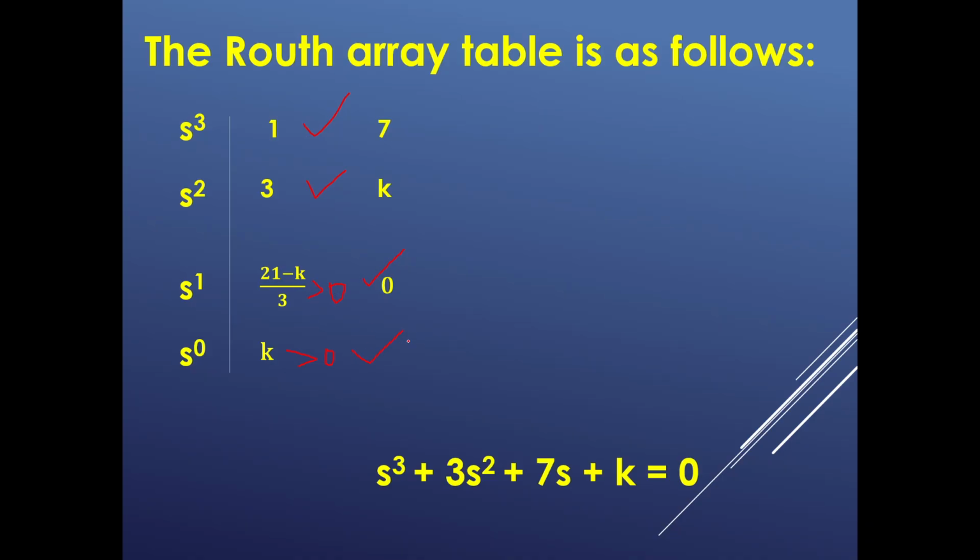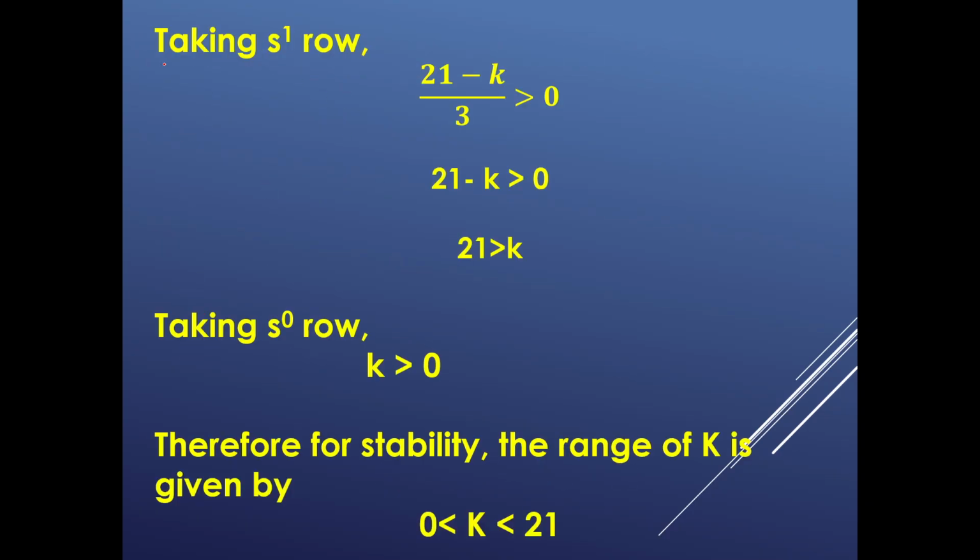K is greater than 0 means it is also positive, then the system is said to be stable. So the system will be stable only when all the first column terms are positive in the Routh array table. So let us consider the s to the power 1 row, where for the system to be stable, 21 minus k by 3 must be greater than 0, then only the system will be stable.